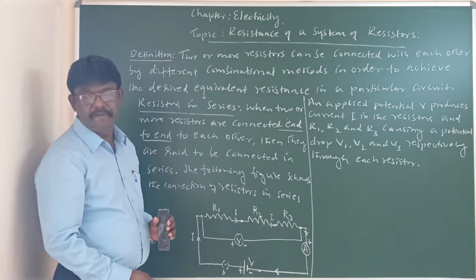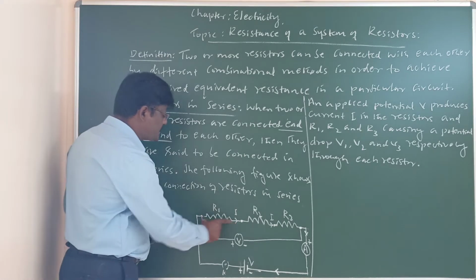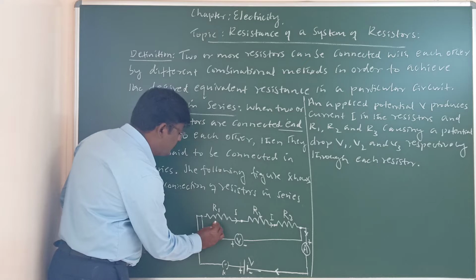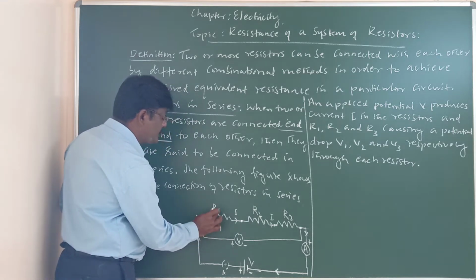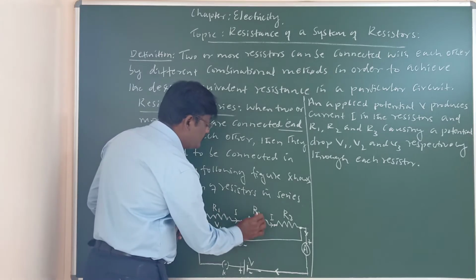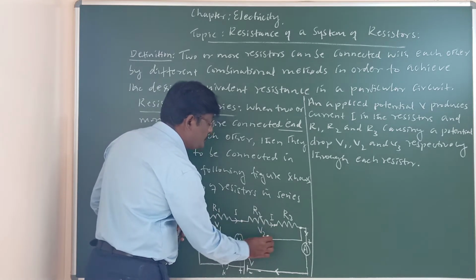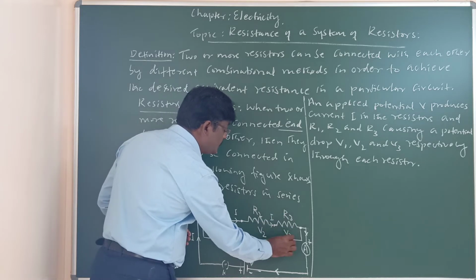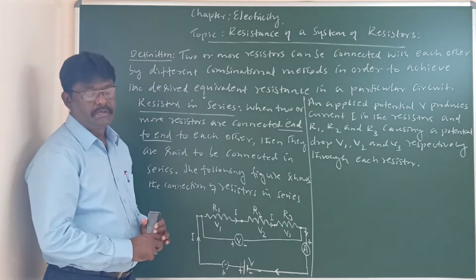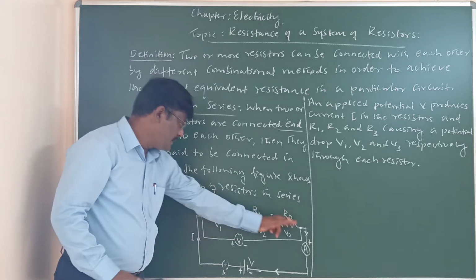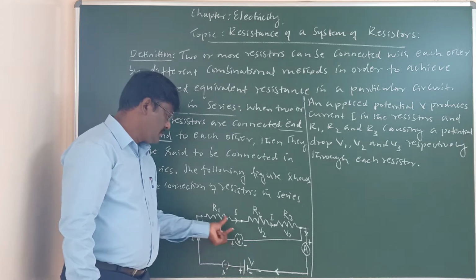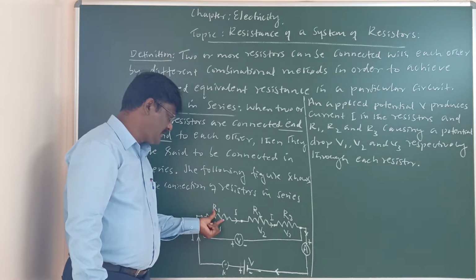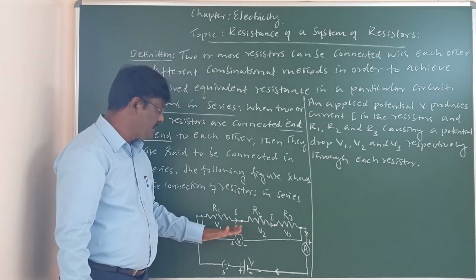But the potential difference across each resistor cannot be the same. It differs. Say V1 is the potential difference across R1, and with respect to R2 it is V2, with respect to R3 it is V3. Okay children, now you have a clear idea about this combination, that means this series, connected end to end.